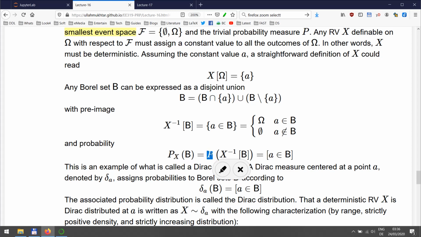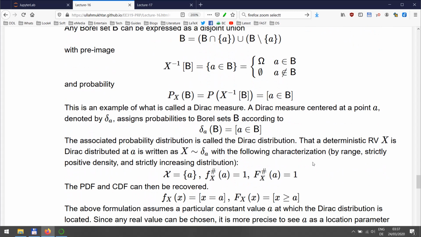But I can translate that to the original probability measure applied to this pre-image, and that gives me the probability measure. So now I have everything.